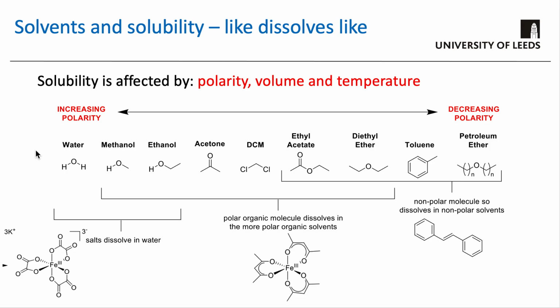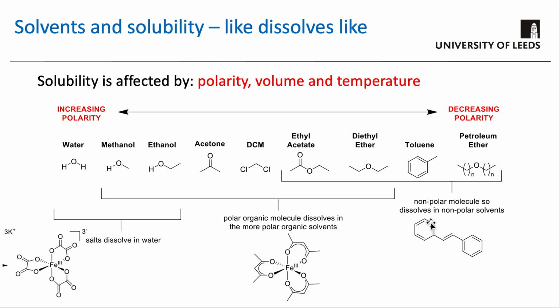As I mentioned before, one of the key principles for getting a compound to dissolve is this principle of like dissolves like. What you're trying to do is get your compounds to dissolve in a solvent. You need to think about the structure of the chemical that you're using, and then you need to think about the chemical structures of the solvents as well, and pick a solvent that matches and aligns with your chemical structure.